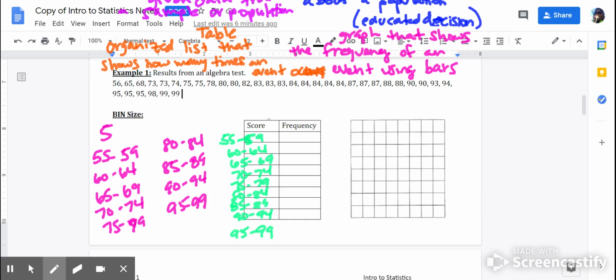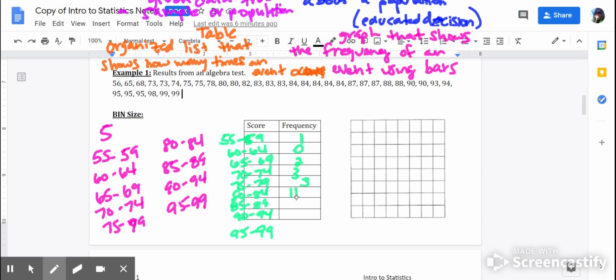So as I look through their list, I want to find how many numbers fall between 55 and 59. And I can look that only happens one time. How many numbers fall between 60 and 64? So there are none of those. Between 65 and 69, that'd be right here, there are 2. 70 to 74, that's going to be 3. 75 to 79, 3. 80 to 84, so that's all of these numbers here.